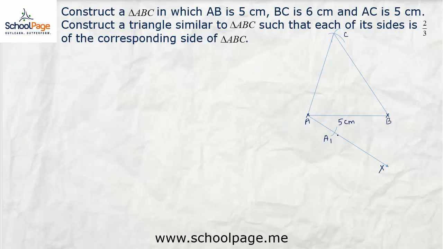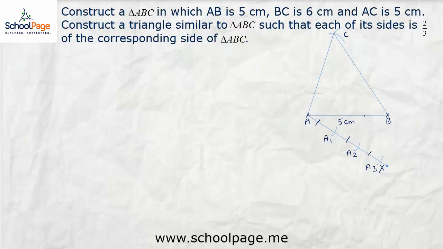Taking A1 as center and without changing the radius, let us cut another arc on AX and mark it as A2. With A2 as center and without changing the radius, let us cut another arc on AX. Let us mark it as A3. Now AA1 is equal to A1A2 is equal to A2A3.